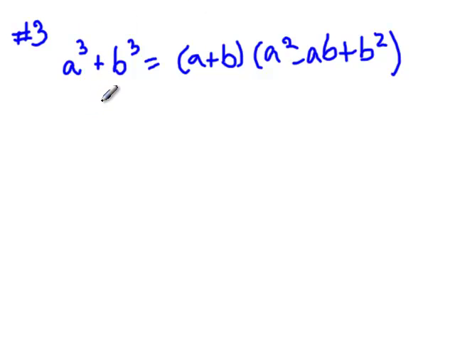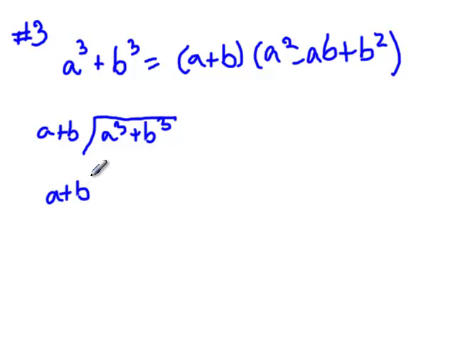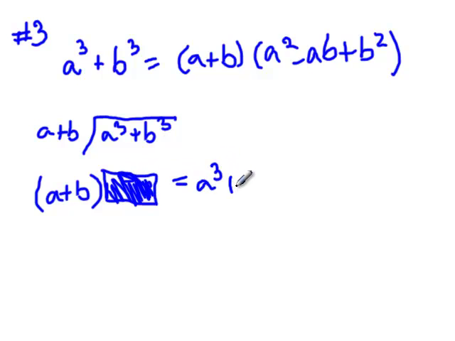Well, the answer comes from thinking about what would happen if we divided a cubed plus b cubed by (a plus b). Or another way of asking it is, if we think we can pull an (a plus b) out, what do we multiply to get a cubed plus b cubed by?